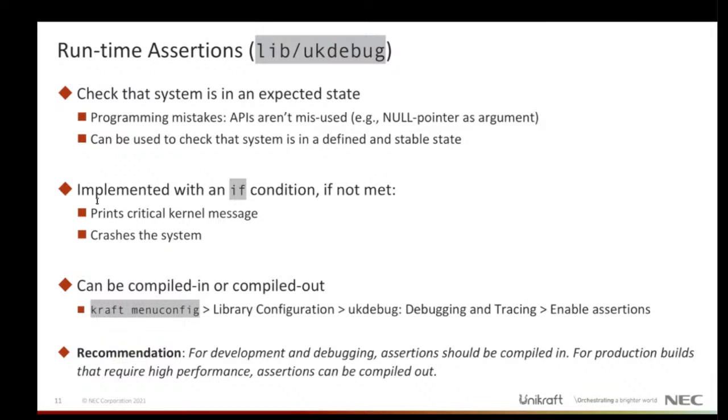This actually happens for us with the TCP/IP stack, which has a lot of assertions to check that the stack is still in a stable state when you parse a protocol or these kinds of things. But obviously, because of the amount of assertions you have, they hit you in performance.